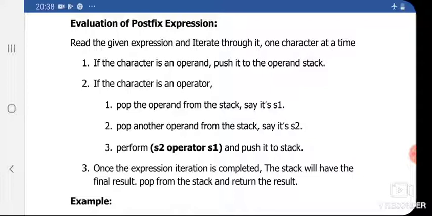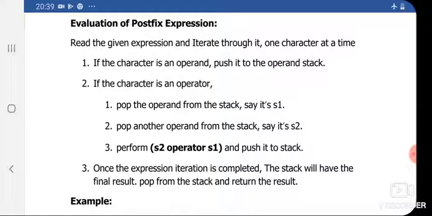Once again, I repeat, an input to this algorithm is any postfix expression and output is its evaluated result.